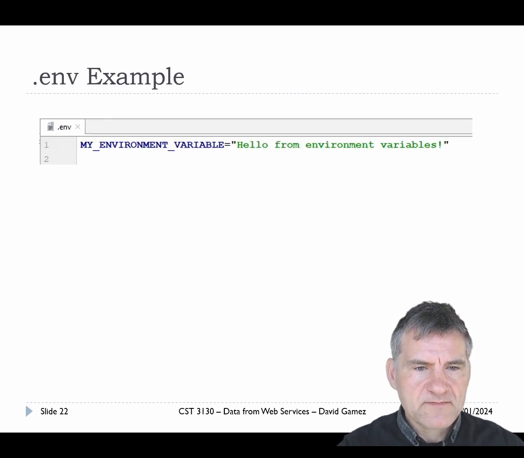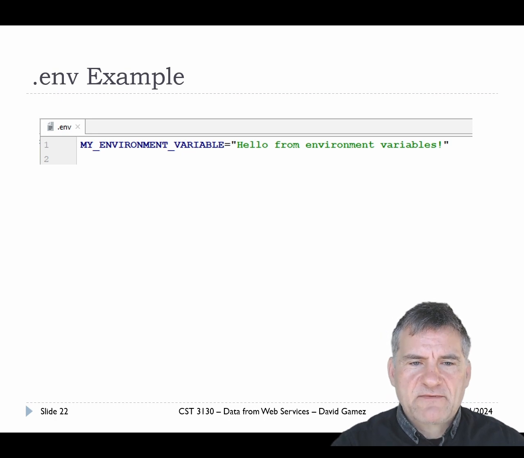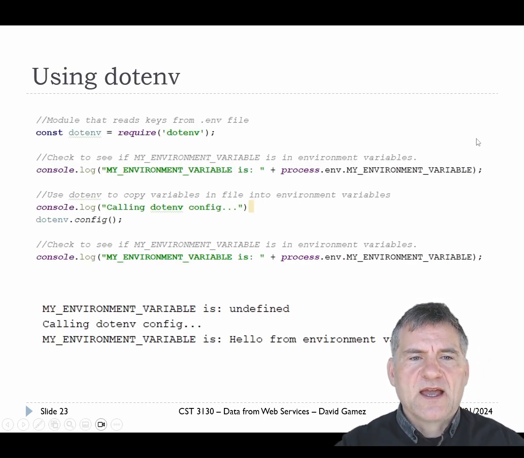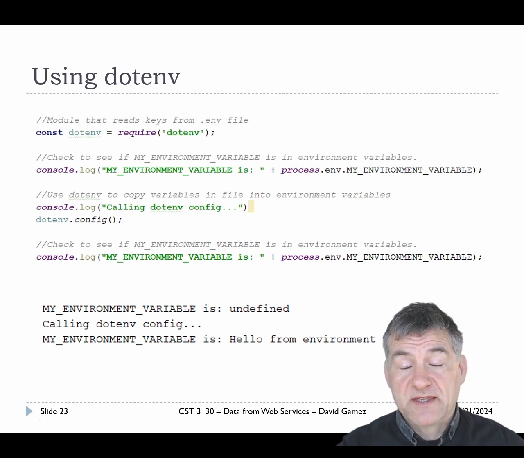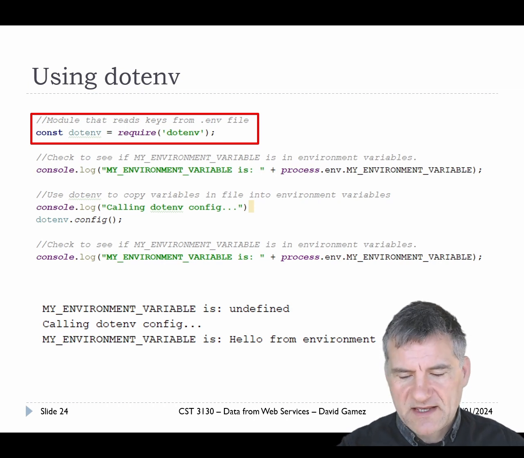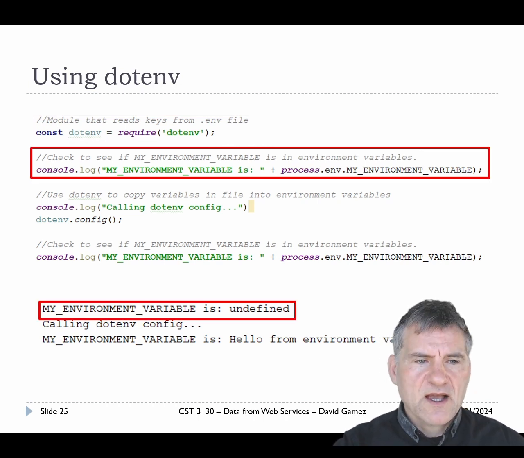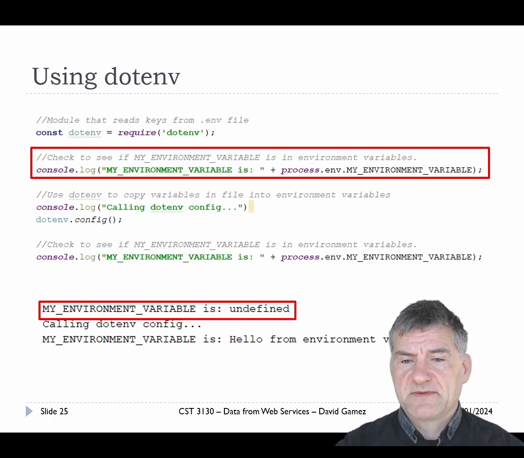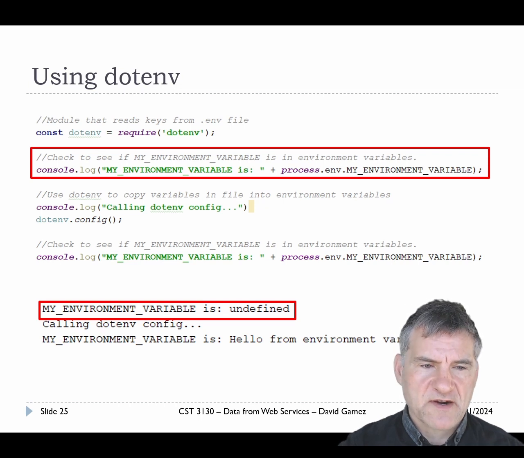So here's a .env file. I've got a fake environment variable here. And then here's how we actually load it into the environment. We need the dotenv library. Obviously these days we could use import, it's a slightly old example. And then if we just log out process.env.myEnvironmentVariable, at the moment it's undefined, because we haven't set that variable within our local environment.